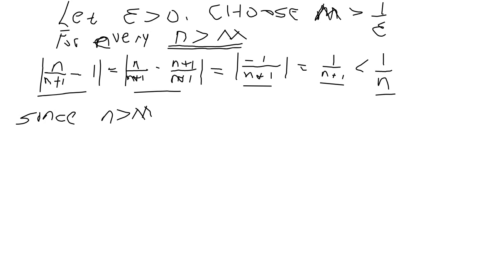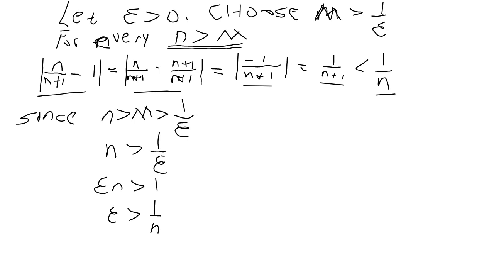So since n is greater than M, which we had chosen to be greater than 1 over epsilon, then n is greater than 1 over epsilon. Okay, that makes sense. Multiply both sides by epsilon: epsilon times n is greater than 1, which means that epsilon is greater than 1 over n.